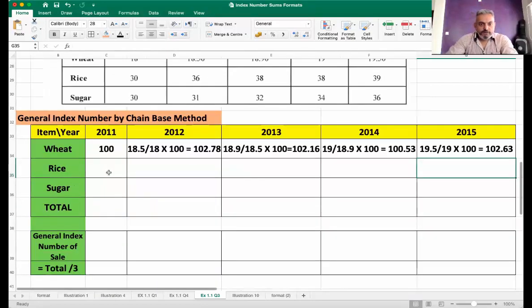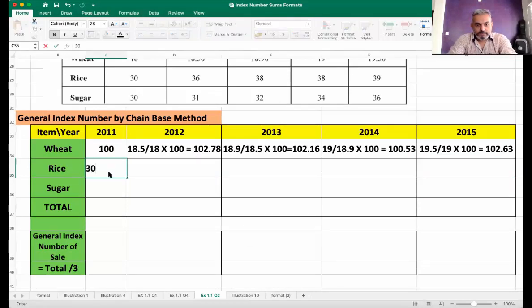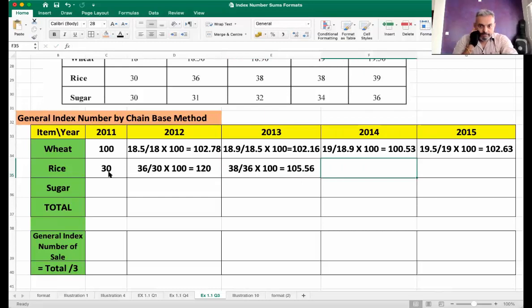Let's go to the next one, rice, 30, then 36 divided by 30 into 100, which is equal to 120, then 38 divided by 36 into 100, which is equal to 105.56. Then 38 divided by 38 into 100, which is equal to 100.